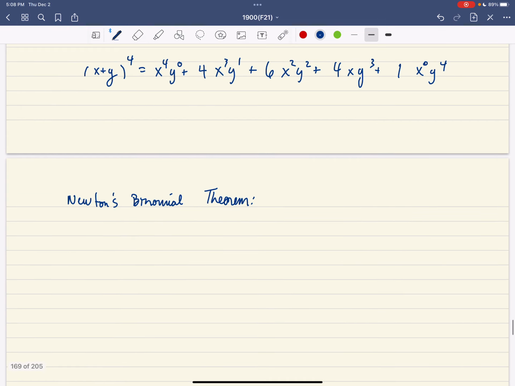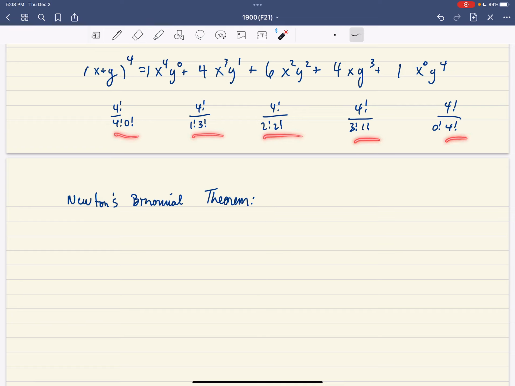I think the best way to think about those numbers is that they are 4 factorial over 4 factorial, 4 factorial over 1 factorial times 3 factorial, that's a 4, 4 factorial over 2 factorial times 2 factorial, 4 factorial over 3 factorial times 1 factorial, and finally 4 factorial over 0 factorial times 4 factorial. And so you get this nice symmetry. These are what are called binomial coefficients.